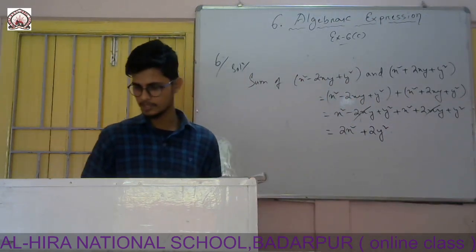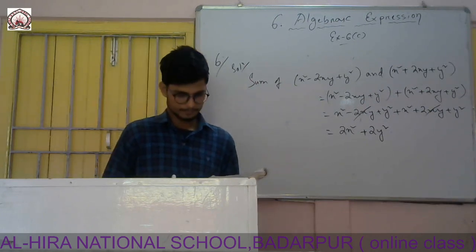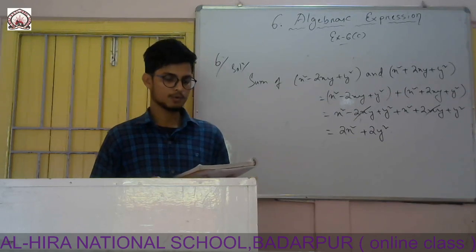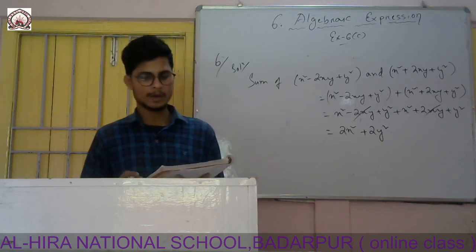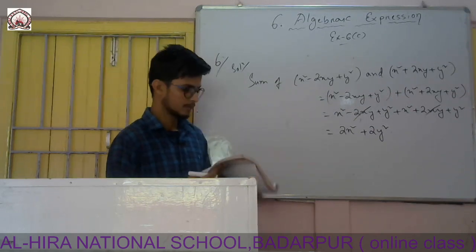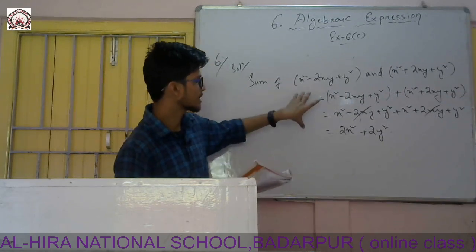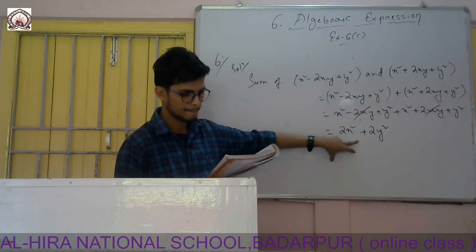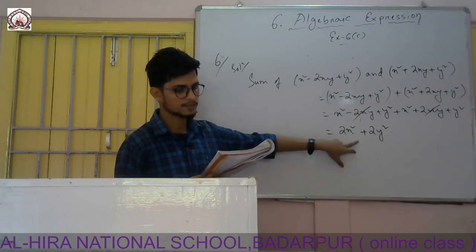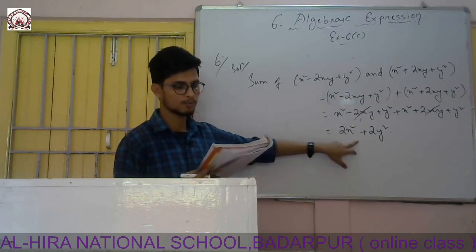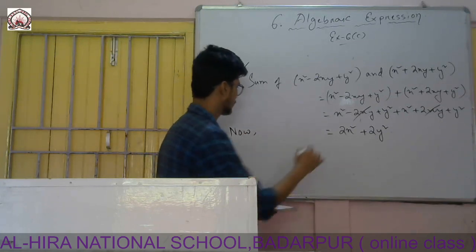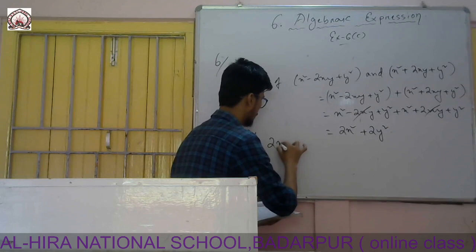Now I have to subtract it from, yes, I have to subtract x square minus 4xy plus 4y square from this one. From the sum, so I got the sum. From this sum I have to subtract x square minus 4xy plus 4y square. So now I have to do the subtraction, so I will write 2x square.